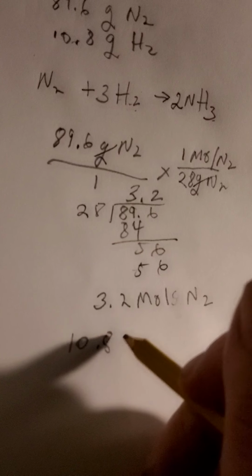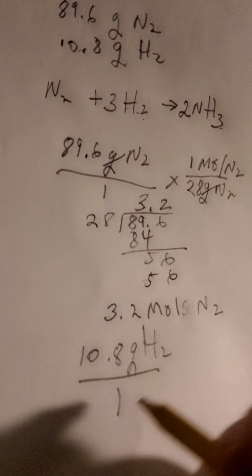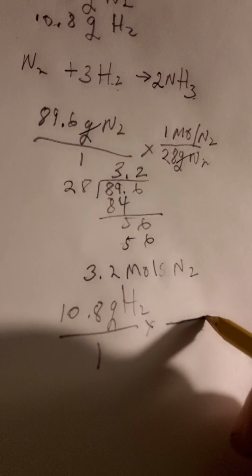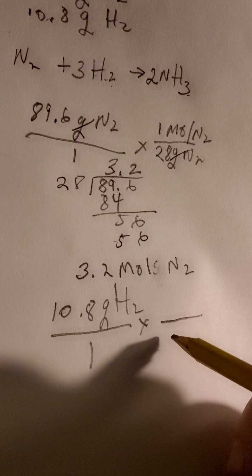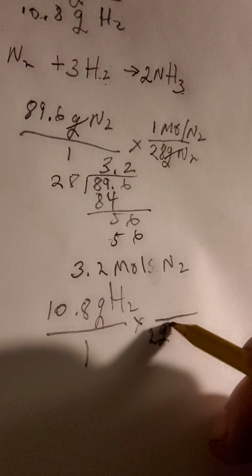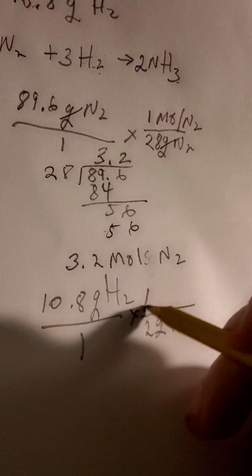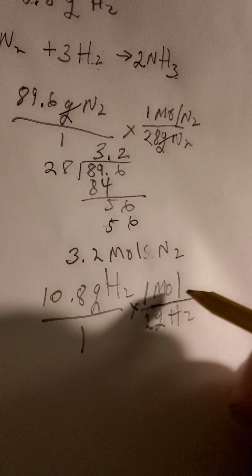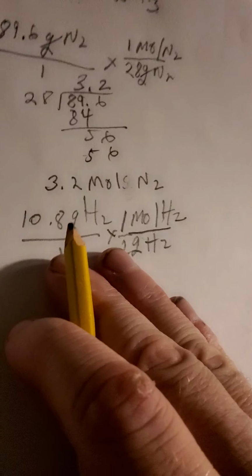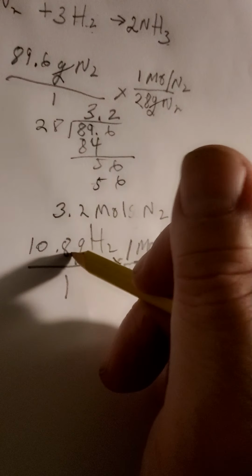And then for the other one, I have 10.8 grams of H2 over 1. I'll convert that to moles by saying that we have 2 grams of hydrogen for every mole. So 2 grams of hydrogen to 1 mole of hydrogen. Diatomic hydrogen, by the way. Okay, so grams cancel.